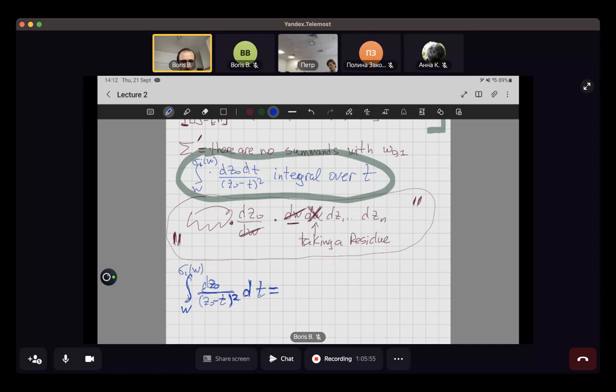You can always choose such local coordinates if our point Pi is a simple critical point of log x. Then sigma I becomes, in this local coordinate, just multiplication by minus 1. And our integral turns into minus 2W over z0 squared minus W squared, dz0.